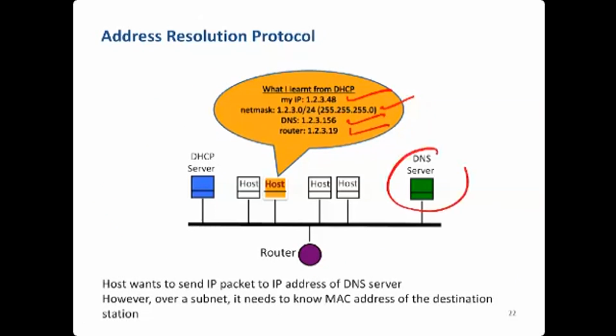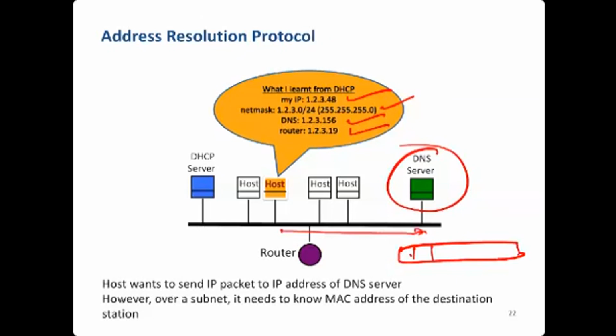But over Ethernet, here we have shown thick Ethernet, but it's a switched Ethernet, it doesn't matter. It has to send the Ethernet frame, right? And in that, it will have its query, and then it has to put the destination Ethernet address, right?